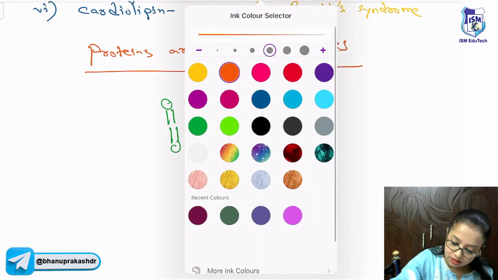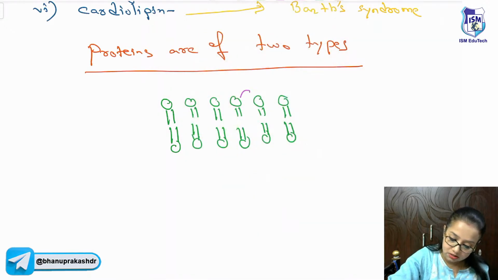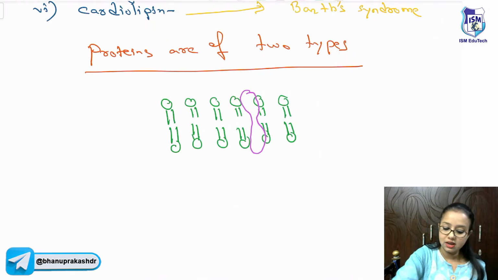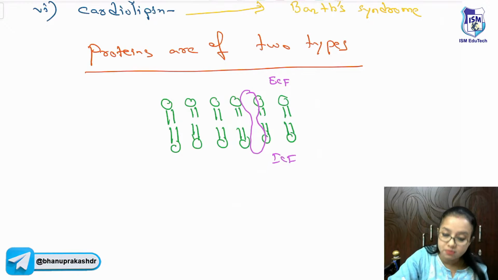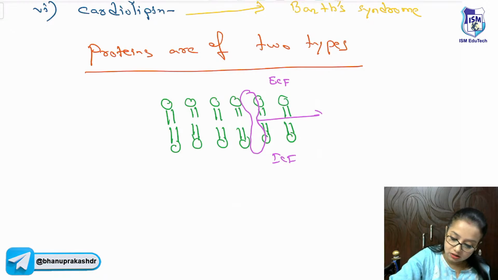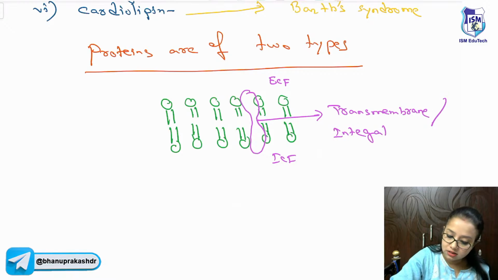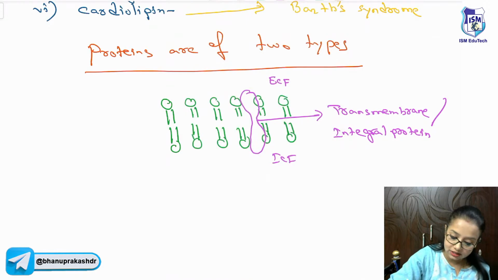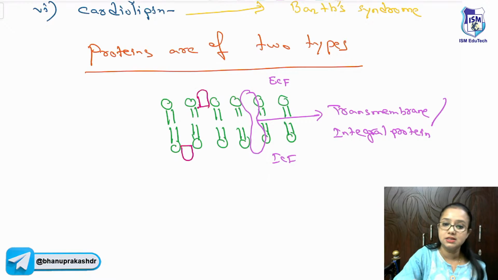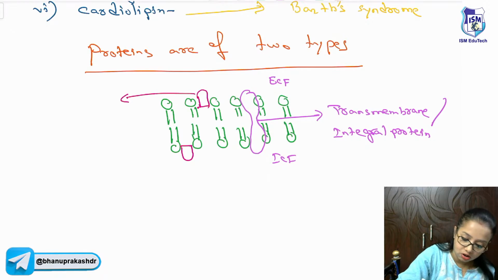The orientation of some proteins is like this, spanning, touching both the ECF as well as the ICF. Such proteins are called transmembrane or integral proteins. Whereas certain proteins stick only towards the ICF or only towards the ECF.